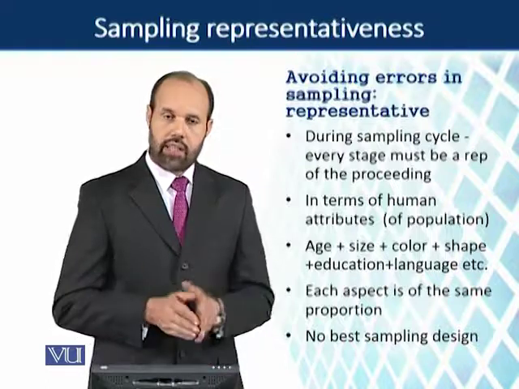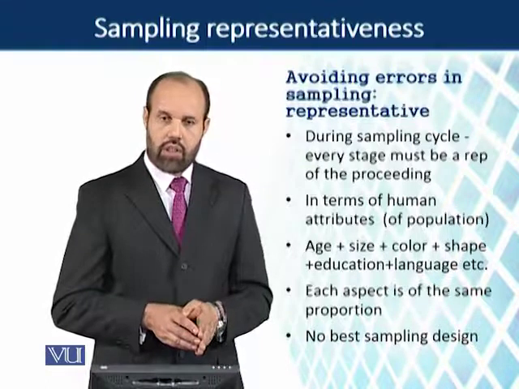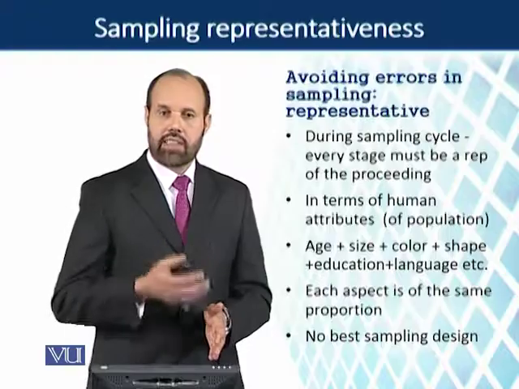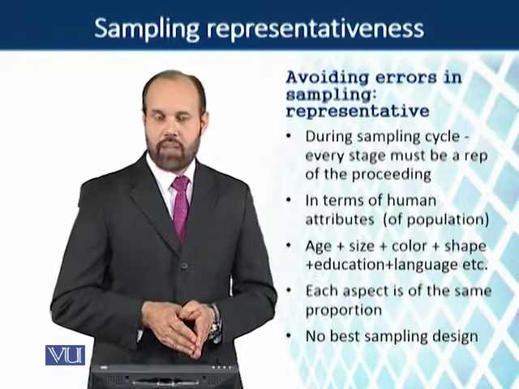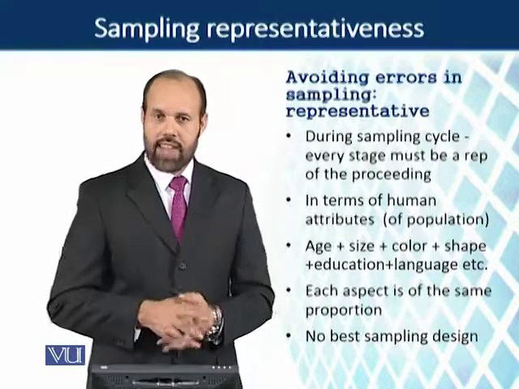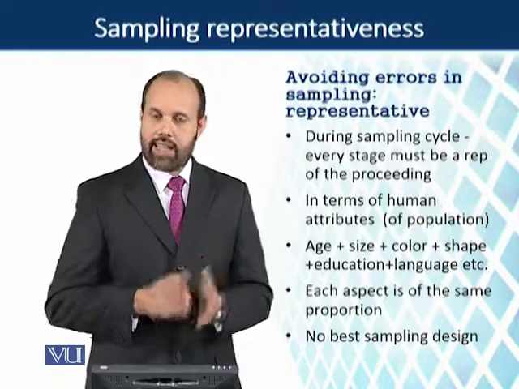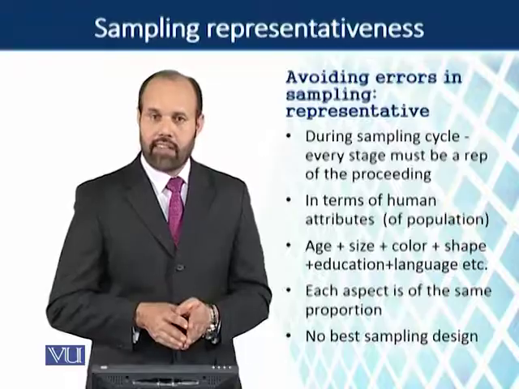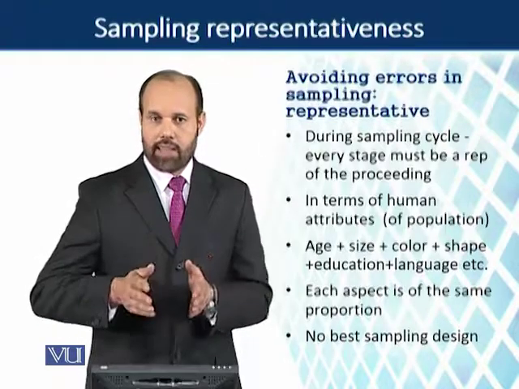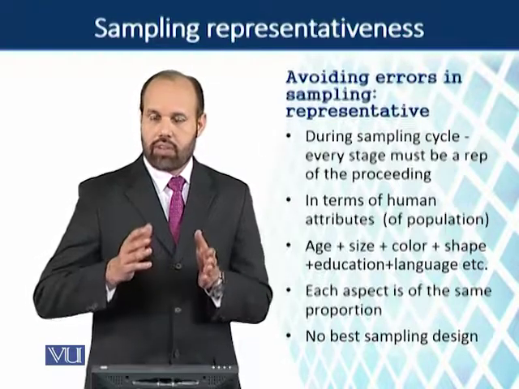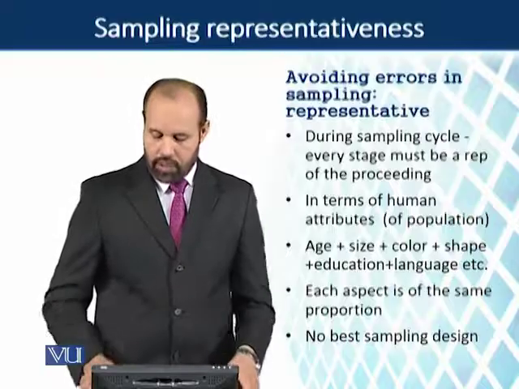And remember that there is no single rule for creating the best sampling design. So it is you, the students and the researchers, who would decide that your study is internally valid and externally valid, because your selected samples are the best representatives of the population.